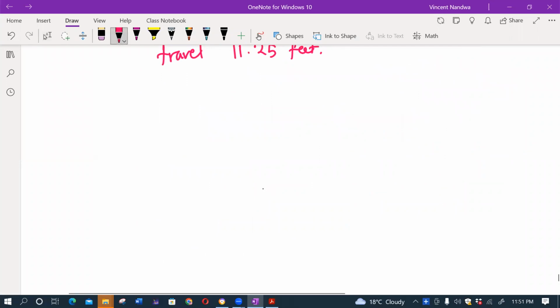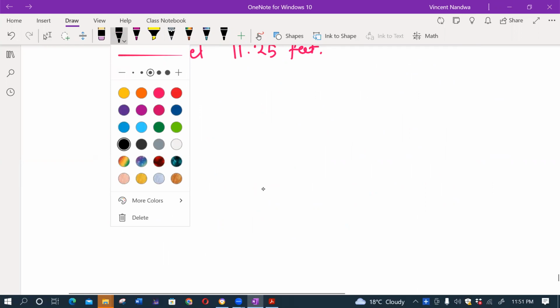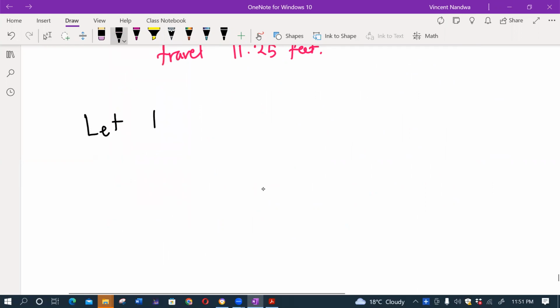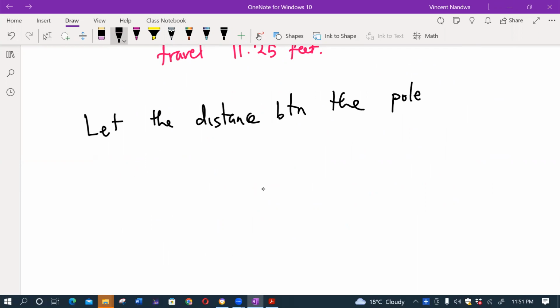Let the distance between the pole and the gate P be x.